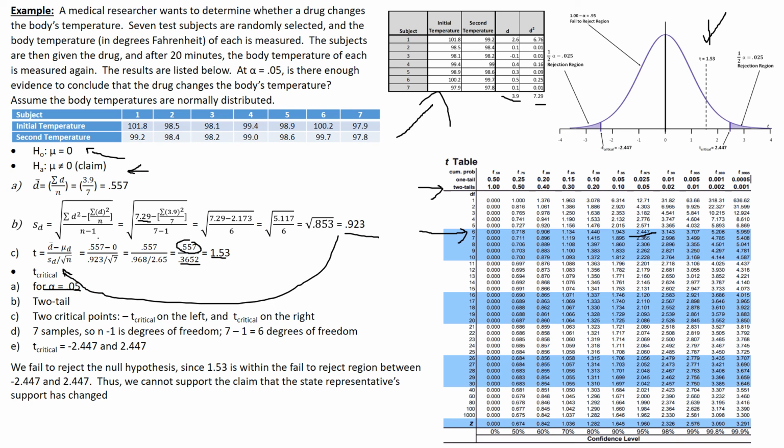So it's plus and minus 2.447, which is here. And 1.53 is greater than negative 2.447 and less than positive 2.447. So we cannot support the claim, and the null hypothesis we would fail to reject.